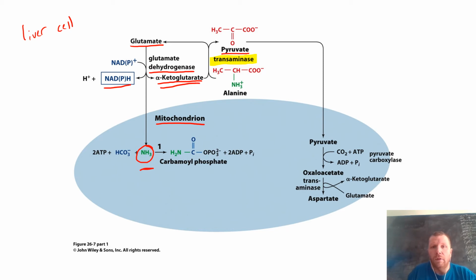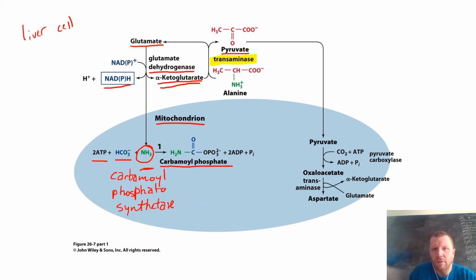Now, this NH3 that we're aiming to ultimately release and get rid of is going to be used in conjunction with HCO3 and 2 ATP molecules by the enzyme carbamoyl phosphate synthetase. That enzyme is producing this carbamoyl phosphate.